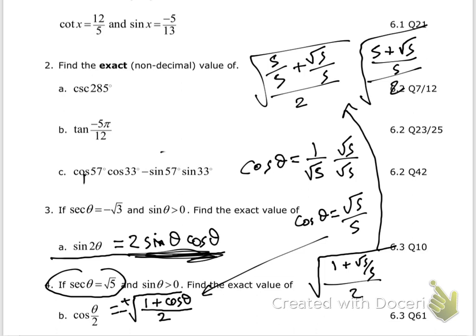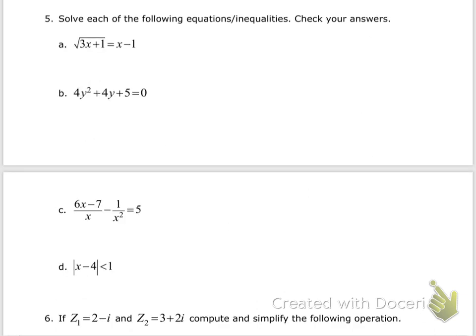Well, that's going to become 5 plus root 5 all over 10, because the 5 and the 2 go together here. And I think that's it. It's a positive. I don't know if it wants any more, but as far as I'm concerned, that seems to be okay. Let's see if we've got any more questions.